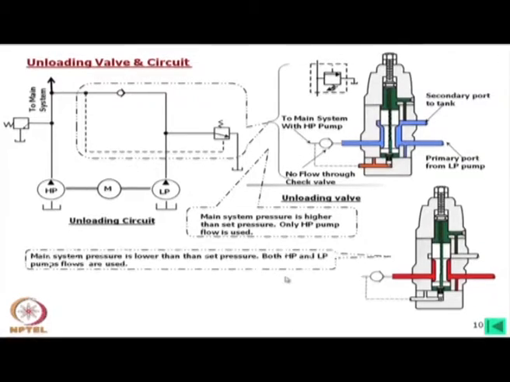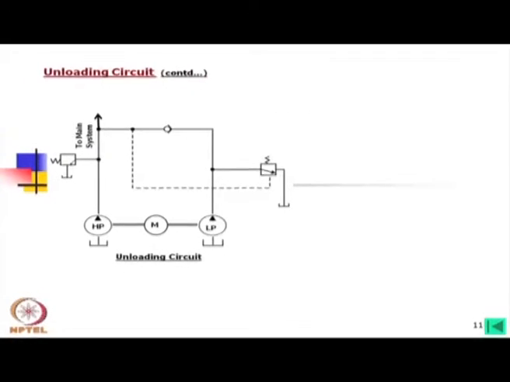In this way we optimize the energy consumption. So, this means that the unloading valve is used to unload a usually low pressure pump when there is a high pressure and the load is being used only from the high pressure side. Now, this is one application, there might be some other applications also.